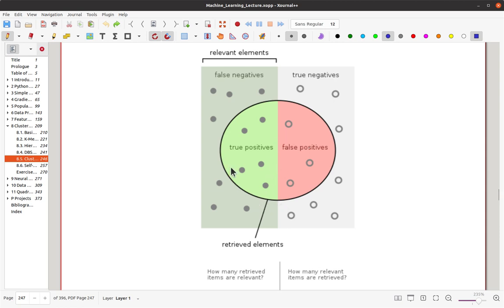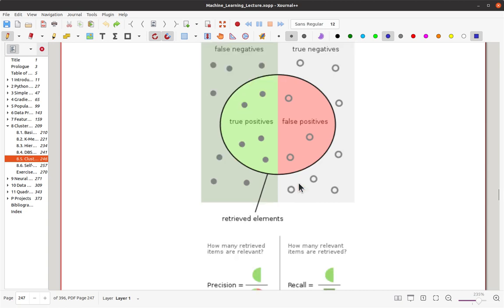So this whole thing is now the retrieved elements. Here, the question is, how many retrieved items are relevant? So among all retrieved, the portion of true positives, that is the relevant elements, is called precision.